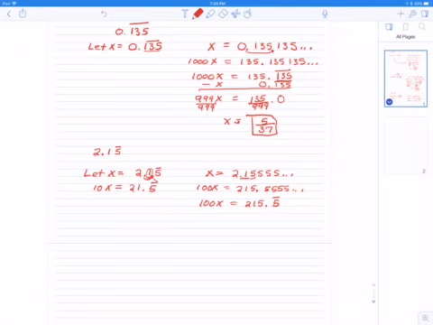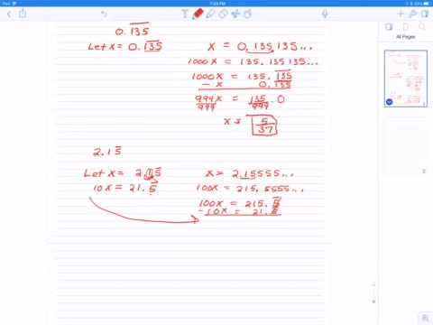Now if we look at the two equations, the only thing behind the decimal point is the repeating 5. So now I can subtract. 100x minus 10x and 21.5 with the bar over it. See those repeating 5s drop right out.